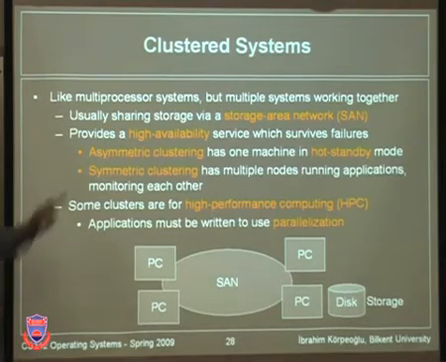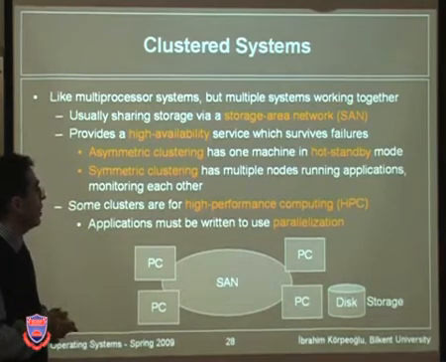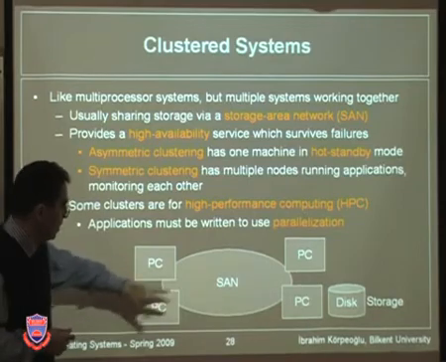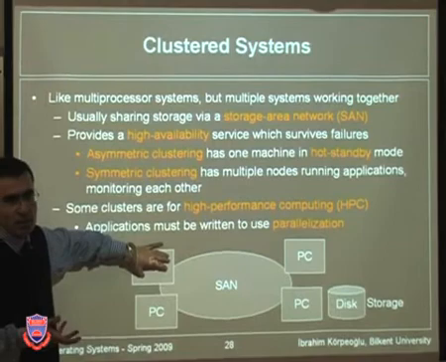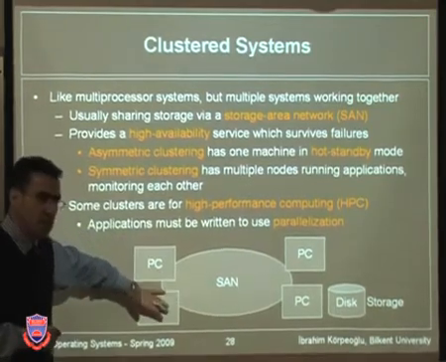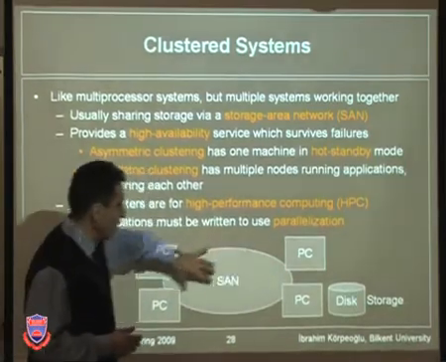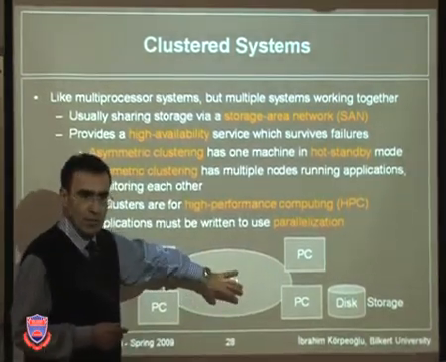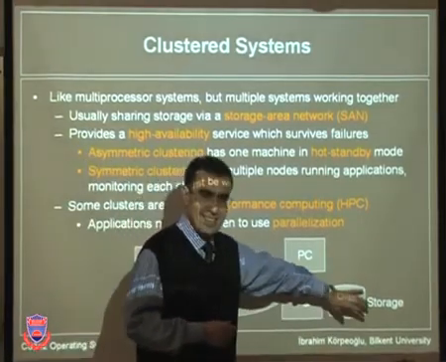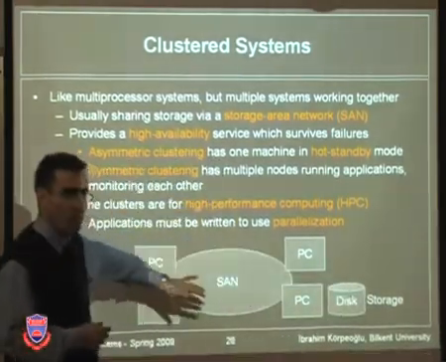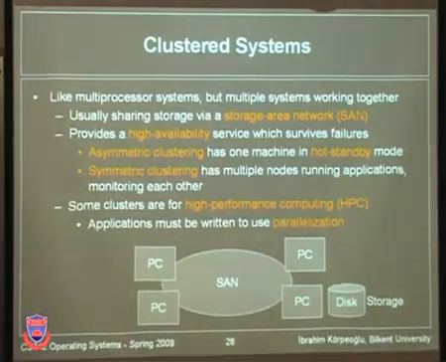They also usually share storage via a network, which we usually call a storage area network. This is a PC, for example, with a single processor or maybe multiple processors. This is another PC with a single or multiple processors, and they are interconnected together with a fast local area network, a storage area network. Some of these PCs may have hard disks that are shared by all the members of the cluster. These are the members of the cluster. So this is a clustered system.